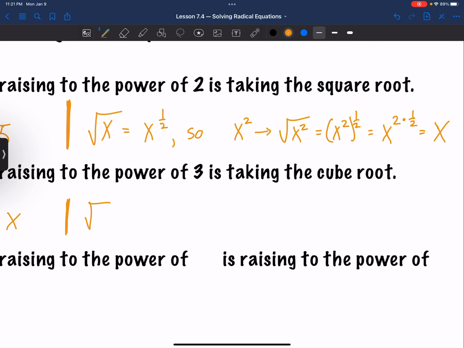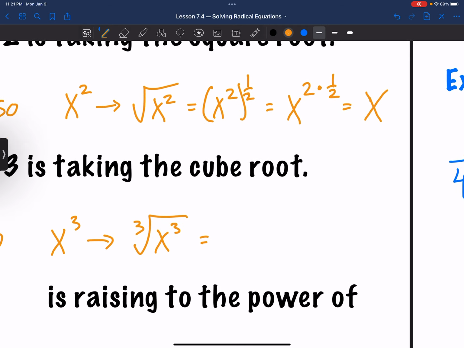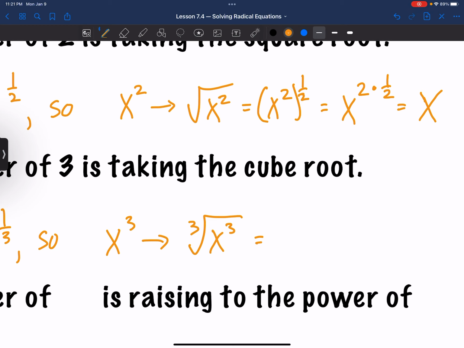If we define the cube root of x to be x to the 1/3, then it follows that if I take x cubed and then cube root it, you can rewrite this with rational exponents.